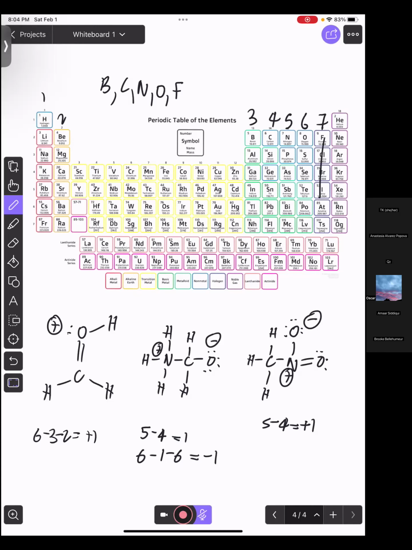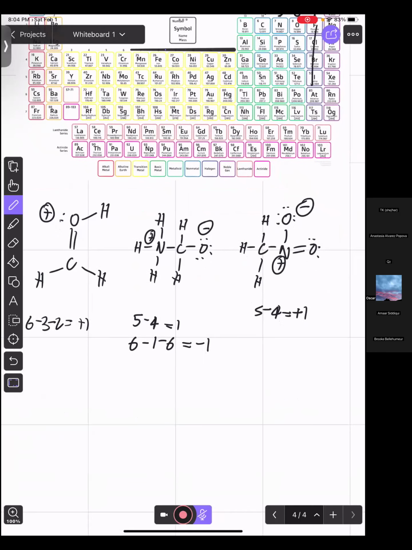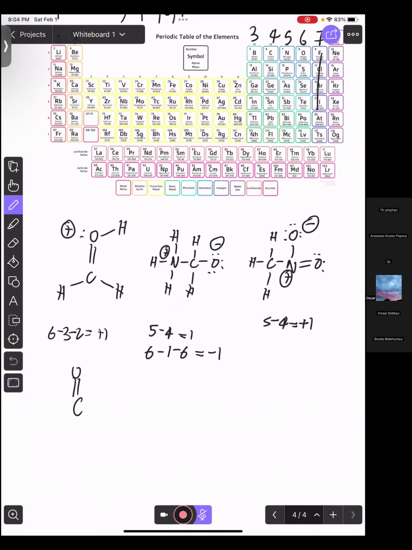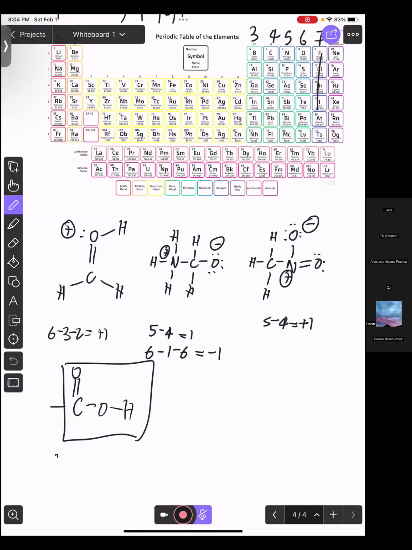For example, when you see this arrangement of atoms, this is what we call a carboxylic acid. This is an acidic unit. And so anytime you see that, you know that's an acid.